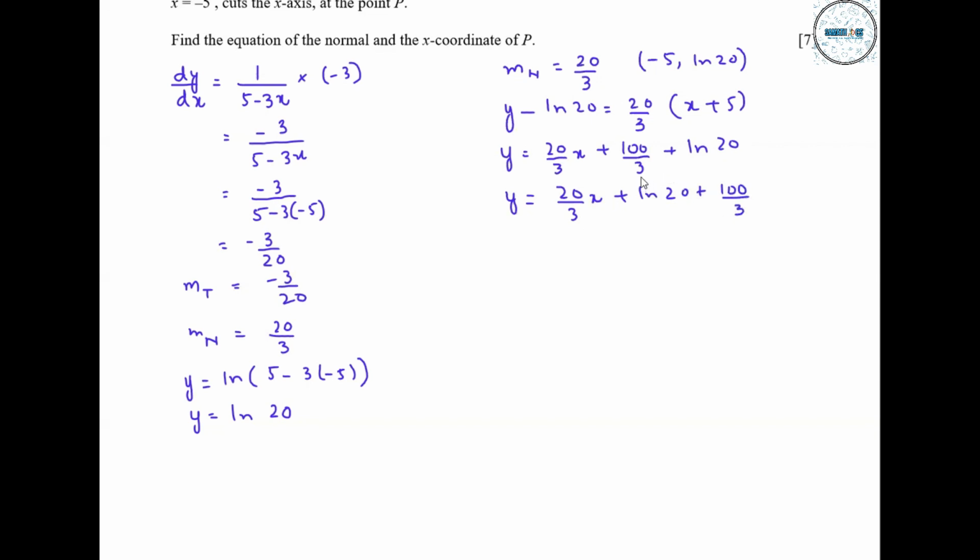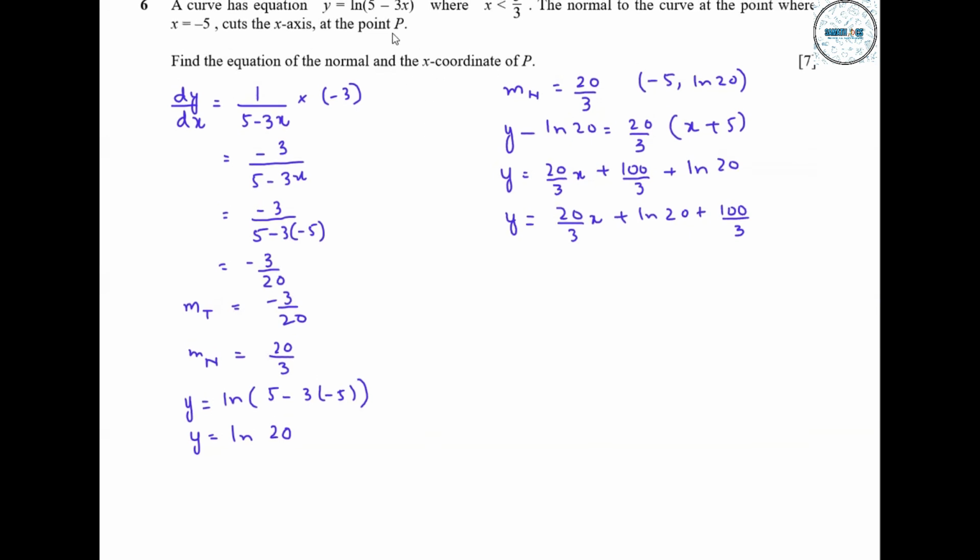Now we have to find out the x coordinate of P, and P is the point where the normal cuts the x-axis. It means that the coordinates are x comma 0. It means that we have to take the value of y as 0. So we will take 0 is equal to 20 upon 3x plus ln 20 plus 100 upon 3.